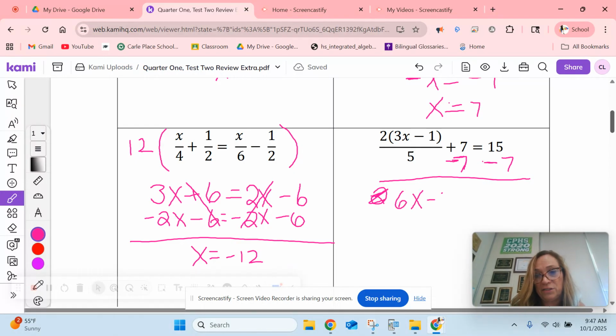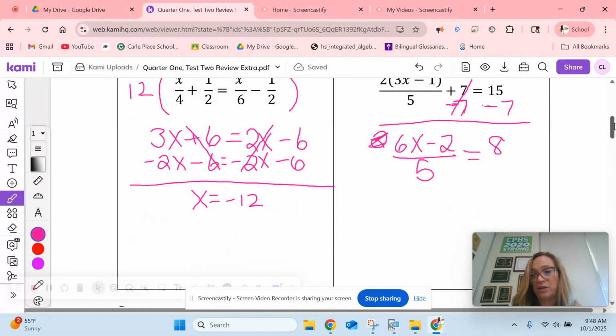6x minus 2 over 5 is the same as, so I just distributed to save a little time, and then I did the inverse of adding 7, subtracting 7, and that gives me an 8. So I have a fraction on the left side, and it's pretty simple to make a fraction on the right side. I just put the 8/1.